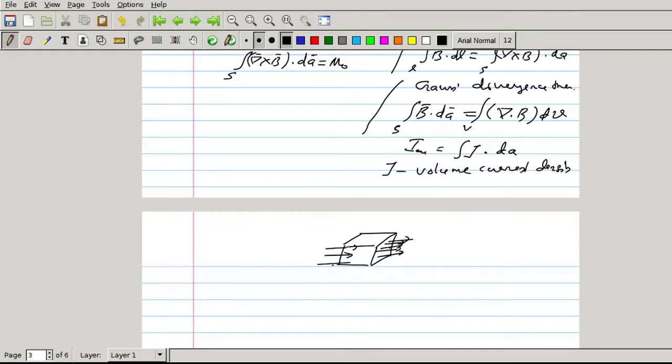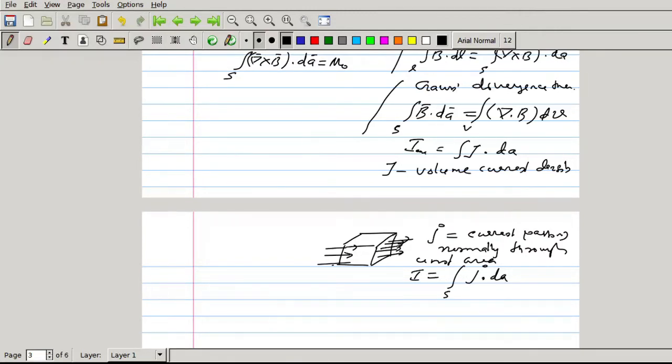When you take the current density, you need to divide the current by the area. So J is defined as the current passing normally through unit area. The current passing normally through dA will be J dot dA, and the total current I is the surface integral of J dot dA.